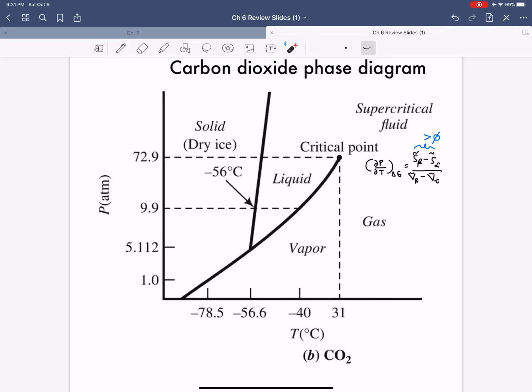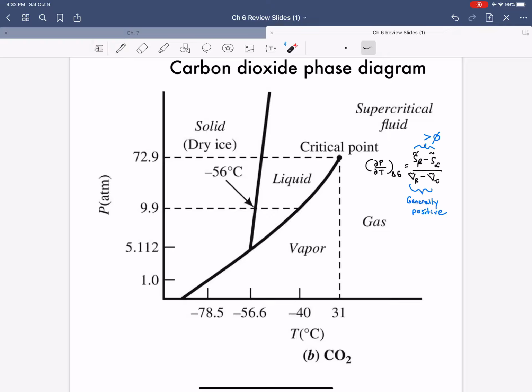And generally, for most chemicals, the phase that has higher entropy also has a higher molar volume. So generally positive. Okay?